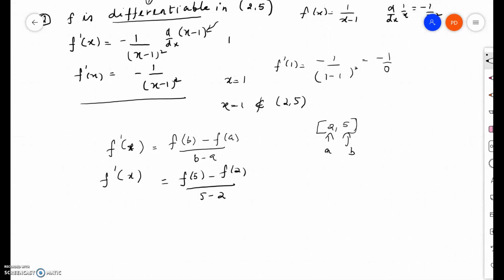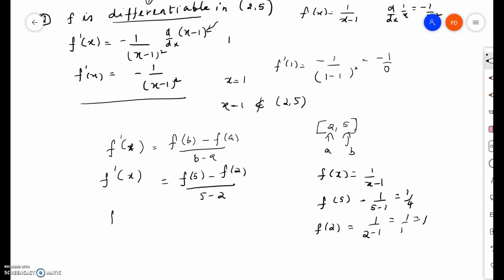Now let's plug in the numbers. We know that f of x is equal to 1 over x minus 1. So f of 5 is equal to 1 over 5 minus 1, which is 1 over 4. F of 2 is equal to 1 over 2 minus 1, which is 1 over 1, and that's a 1.